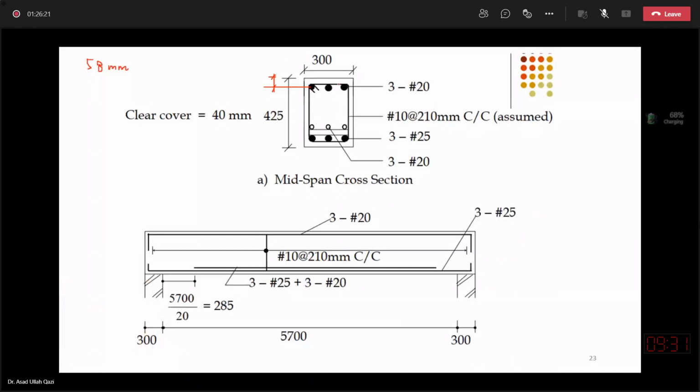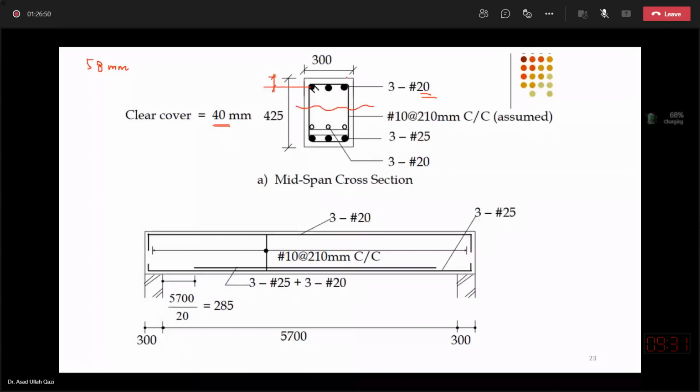But now when I finally sketched, I selected 3 number 20. My cover is 40, mandatory from code, 1.5 inch or almost 40. My ties envelop the bars; we will discuss this in the coming lecture on shear design of beams. These ties arrest the shear cracks and provide resistance against shear failure.